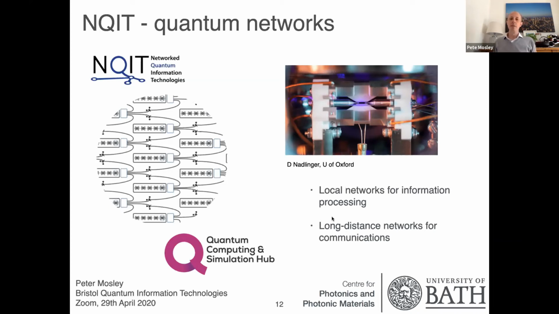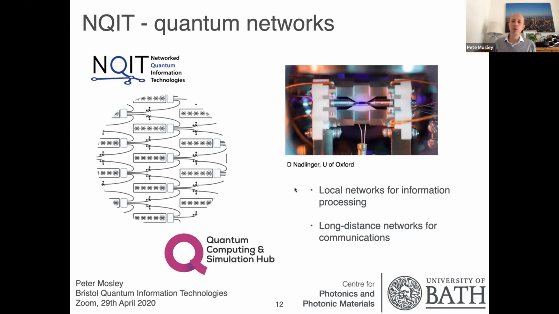And the architecture of those networks was that the nodes would be trapped ions, here shown in this nice picture from David Nadlinger in Oxford, in David Lucas's group. So the nodes are trapped ions, and those ions need to talk to each other with photons.